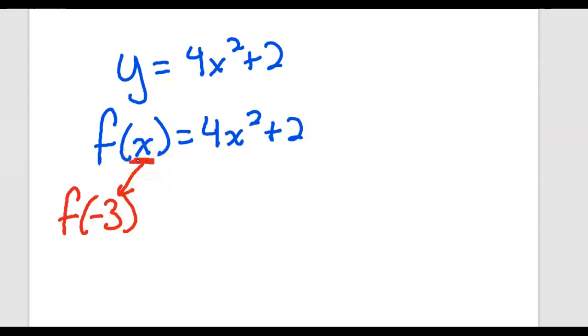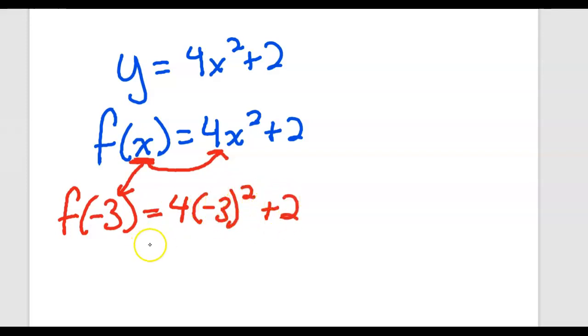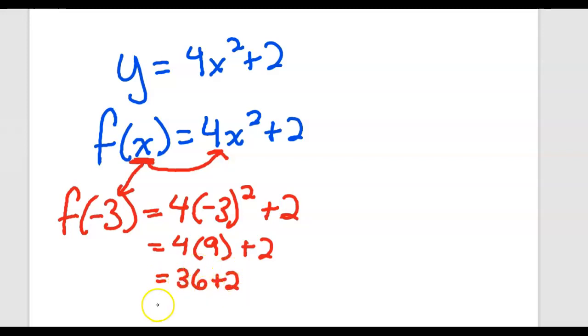So if I replace my x here with a -3, I'm also going to replace it over here with a -3. And so I'm going to have 4 times -3 squared plus 2. And I'm going to solve that. So 4 times -3 squared is 4 times 9, which gives me 36, plus 2.